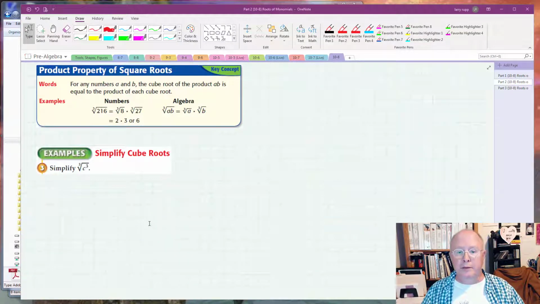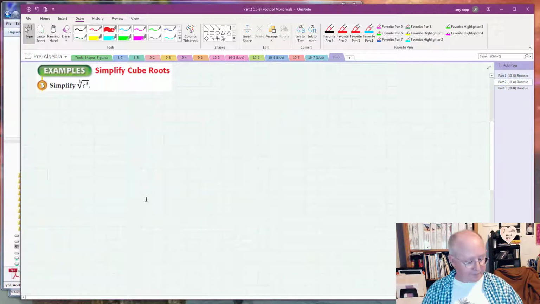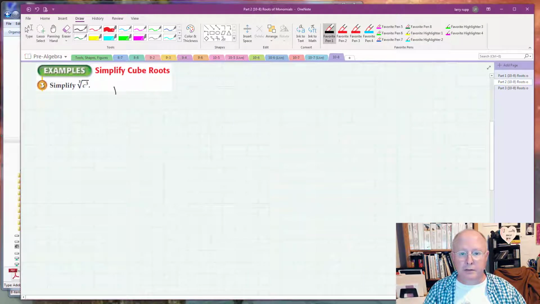Let's do example 3. Example 3 is going to be on page 560. So we want to know what the cube root of c cubed is.